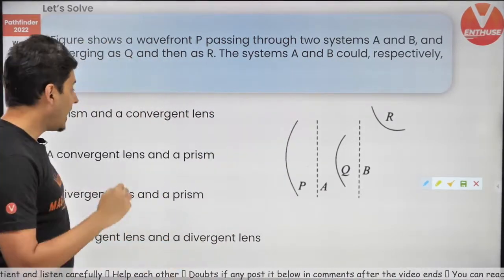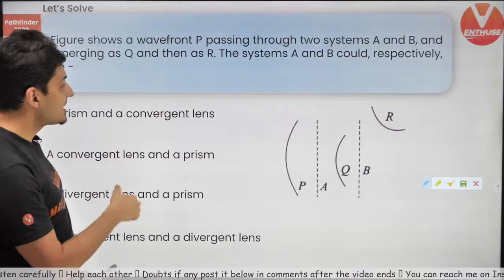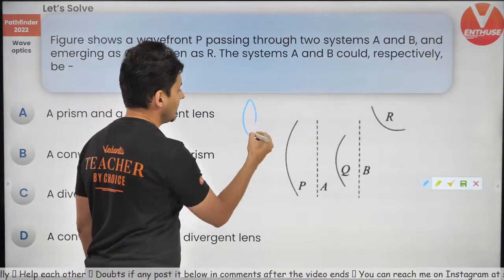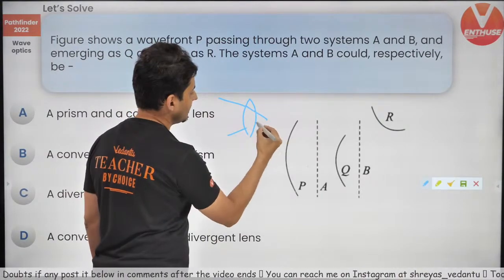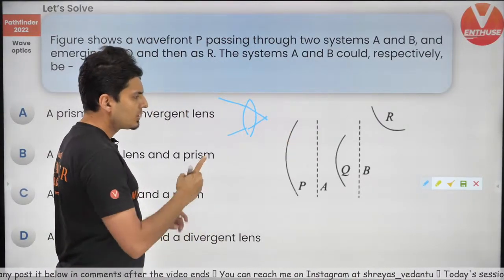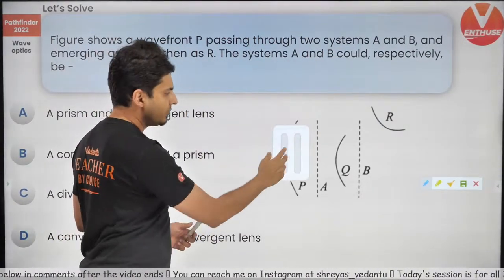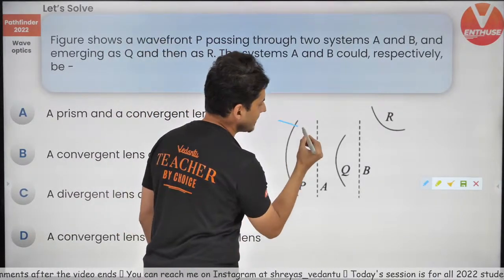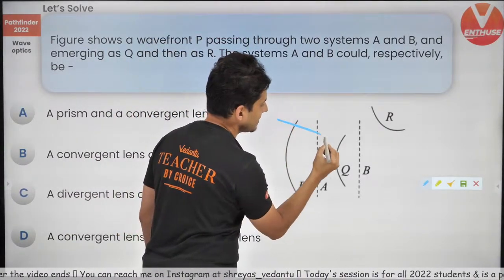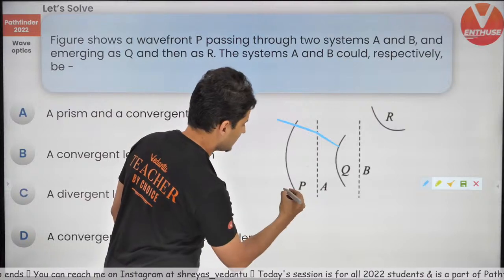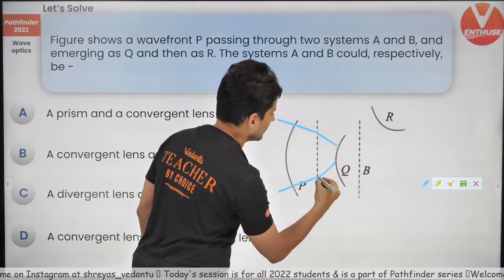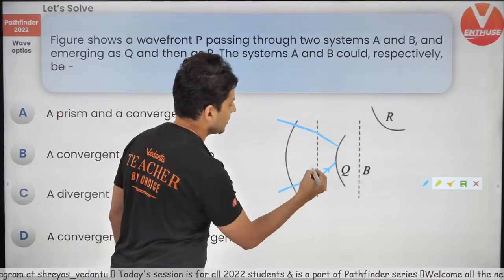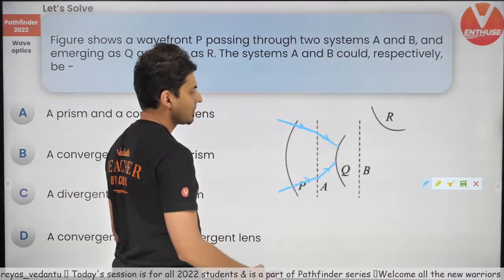But if you have a converging lens like this one, the rays converge even sooner. So I feel it should be converging for sure, because these rays which are going like this, they go like that. So that is definitely a converging lens.